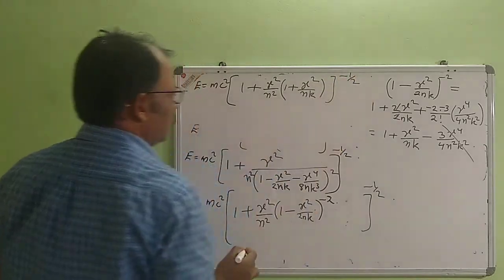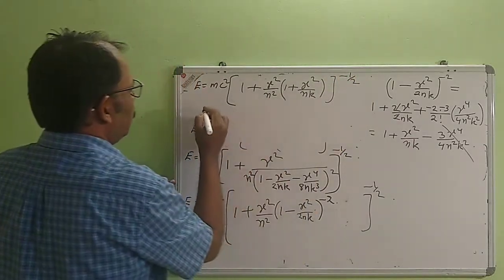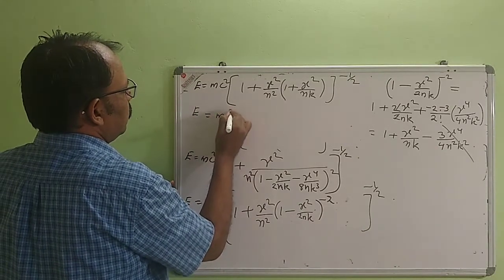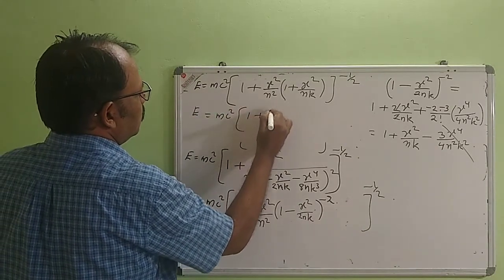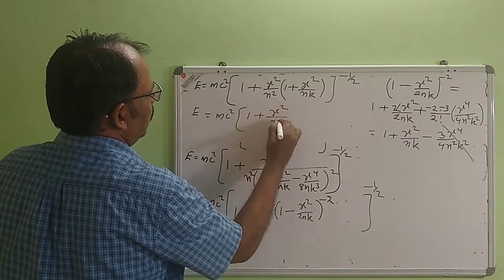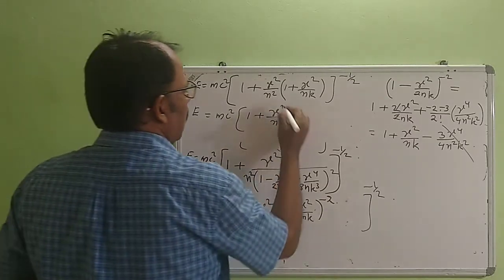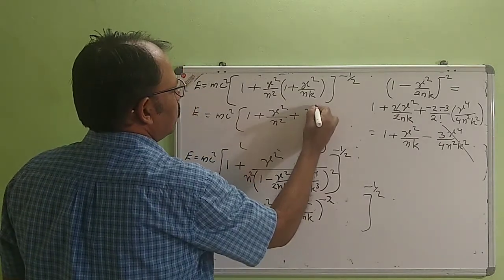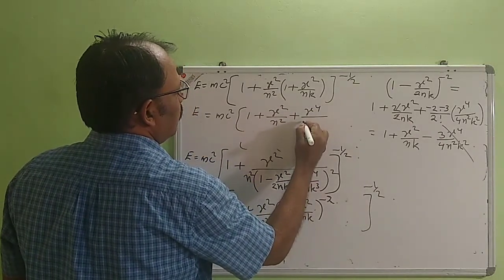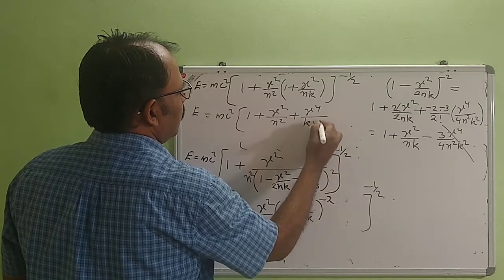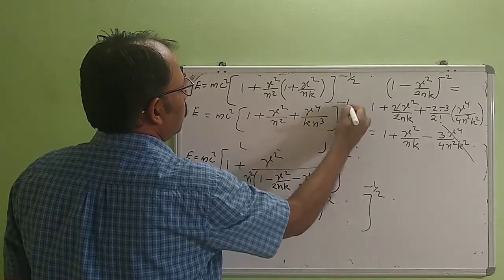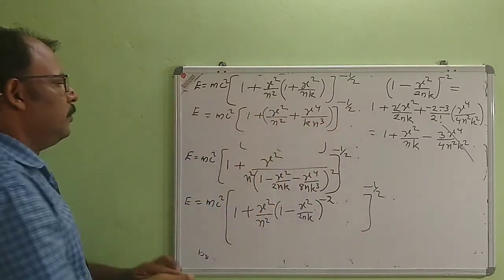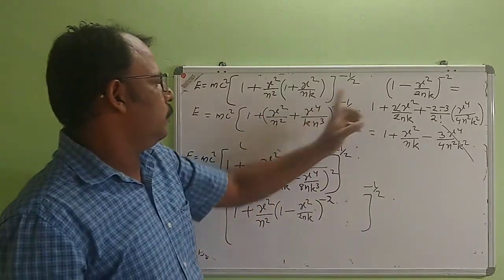So this expansion, it is 1 plus gamma square by nk, then the whole raised to minus 1 by 2. So this term, it will be E equal to mc square into 1 plus gamma square by n square, gamma square by n square plus gamma raised to 4 by k n cube, the whole raised to minus 1 by 2. Now take this as x, then 1 plus x the whole raised to n.